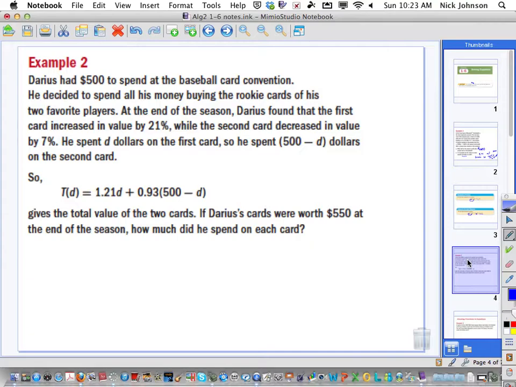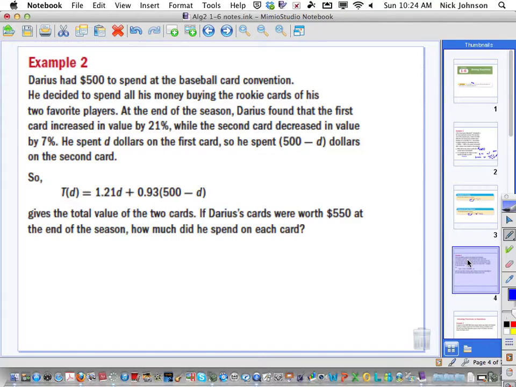Example 2 says Darius had $500 to spend at the baseball card convention. He decided to spend all his money buying rookie cards of his two favorite players. At the end of the season, Darius found that the first card increased in value by 21%, while the second card decreased in value by 7%. Okay? He spent D dollars on the first card, so he spent $500 minus D dollars on the second card.